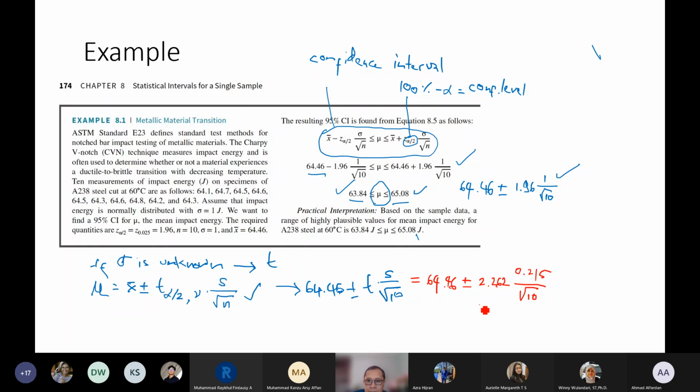Okay, so what is the sampling error? Can you calculate this term as well? It's 0.154, sir.